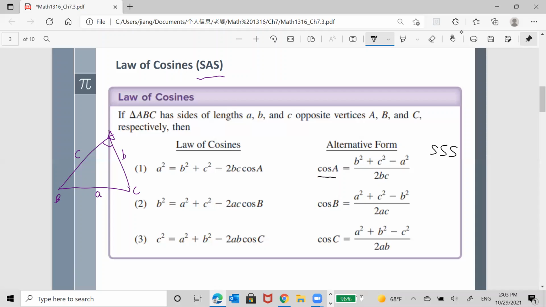How do we get this expression for cosine A? We go back to the law of cosines formula.